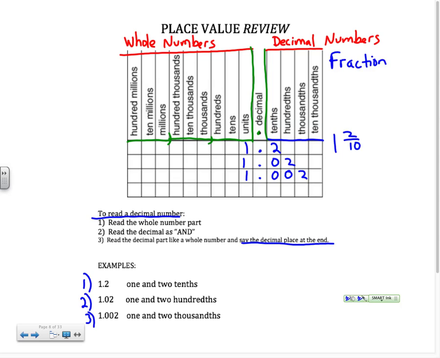The next one, I could name as a fraction as 1 and 2 hundredths. And then the third one I could call 1 and 2 thousandths. So if we were to consider the size of these as fractions, we can see that 2 out of 1,000 is going to be a lot smaller than 2 out of 10.